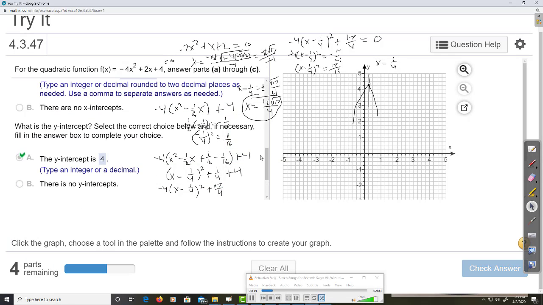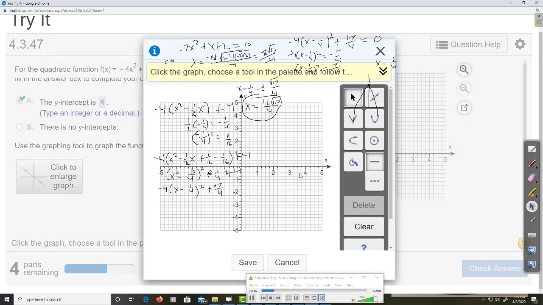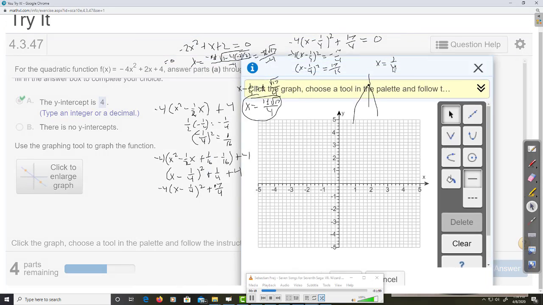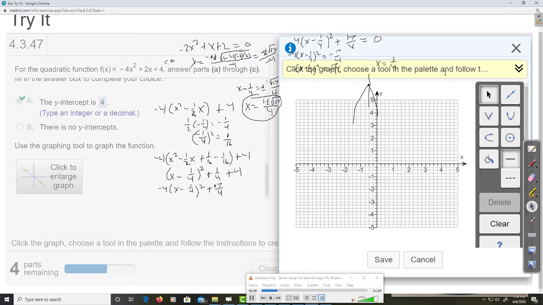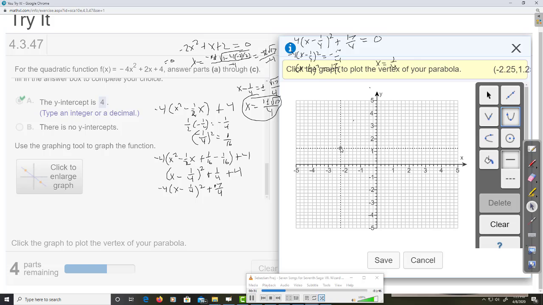And then that graph. Well, let me drag this over. Don't really need this stuff anymore. So we're going to make ourselves a parabola. Going to plot the vertex. Vertex was at 1/4, 17/4.